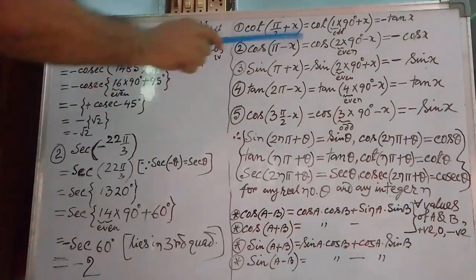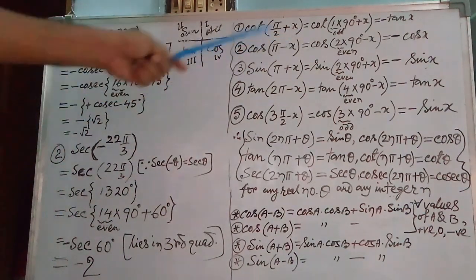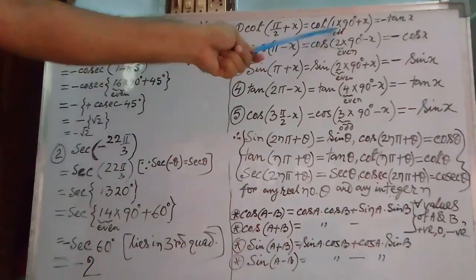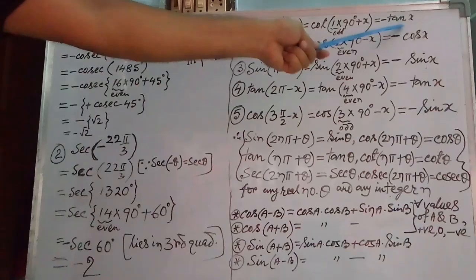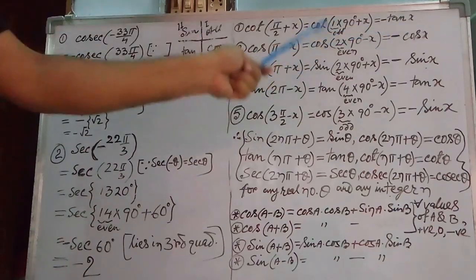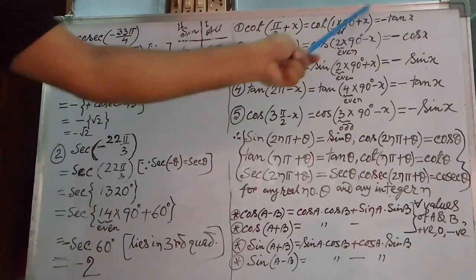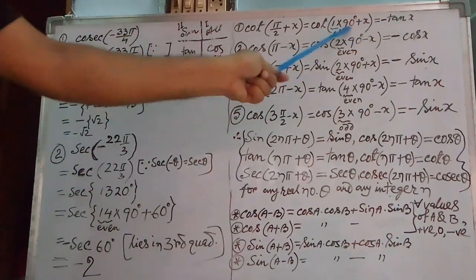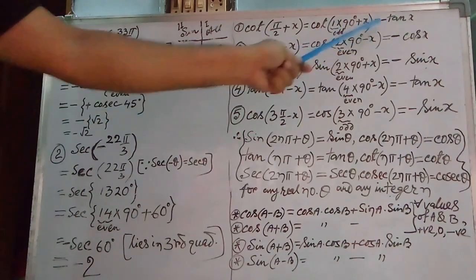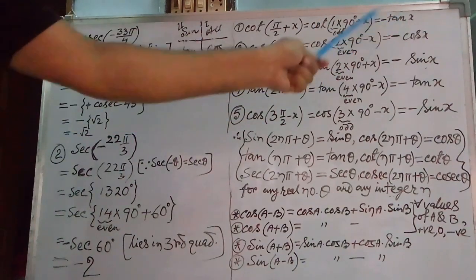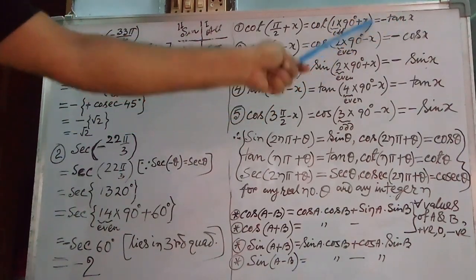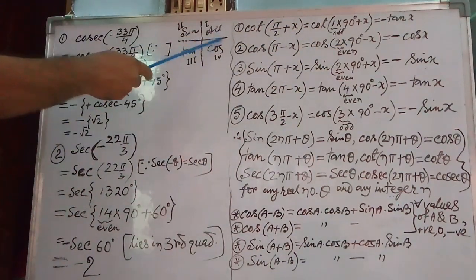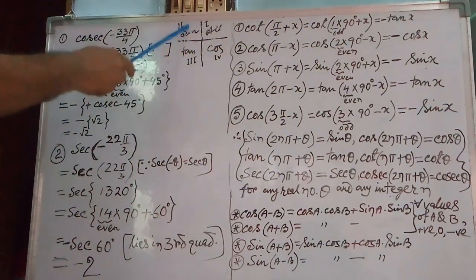Now see, cot of pi by 2 plus x. So cot of pi by 2 means cot of 1 into 90 plus x. Since 1 is an odd number, cot will become tan. Tan x, this angle you have to put. But what will be the sign? 1 into 90 plus x lies in which quadrant? 90 plus x is somewhere in the second quadrant.